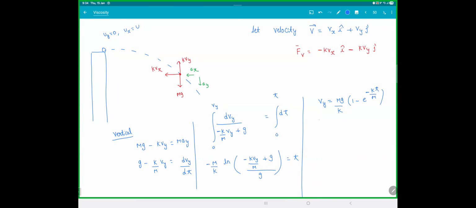And if you integrate this again, dy by dt, because you need to find the x and y coordinates anyway, let's finish in one stretch. You'll get the y coordinate is equal to mg by k times t. Here you have to be careful, because let me show it in the next page.